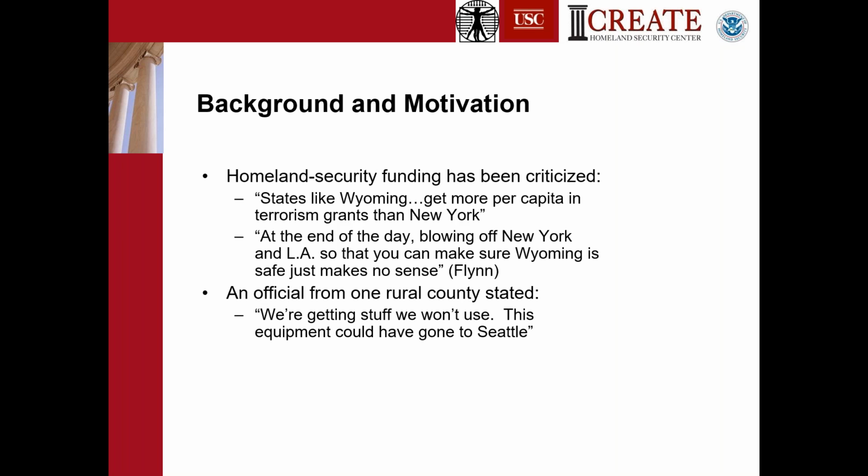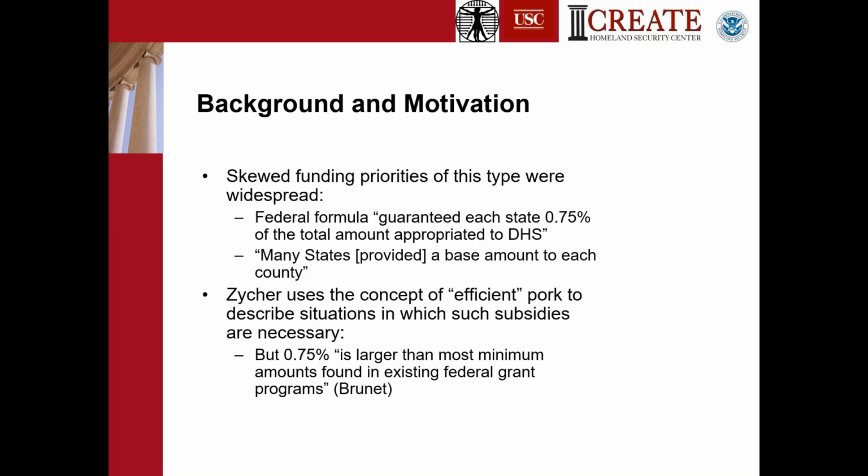An official from a rural county in the state of Washington was saying, we're getting stuff we won't use, like hazmat suits for use in case of a chemical attack or whatever, and saying this equipment really should have gone to Seattle where they might have a potential need for it. And in the early days, skewed funding priorities like that were widespread.